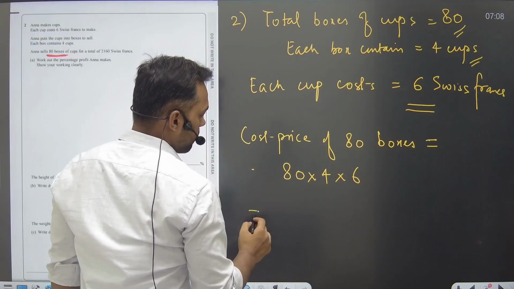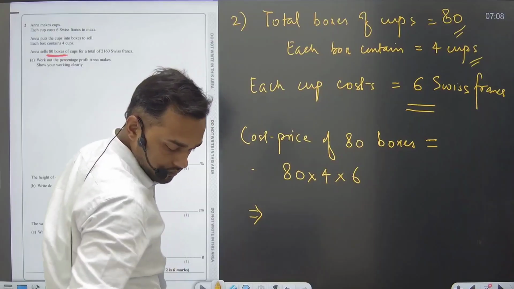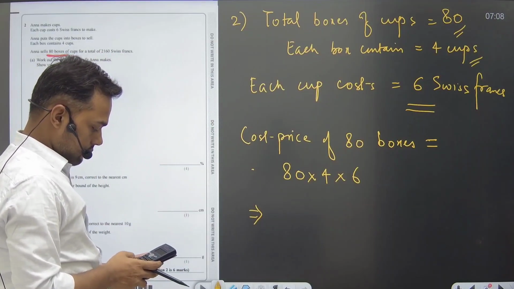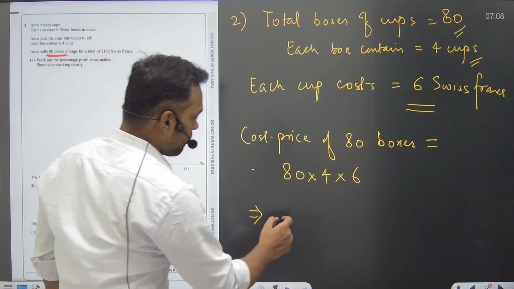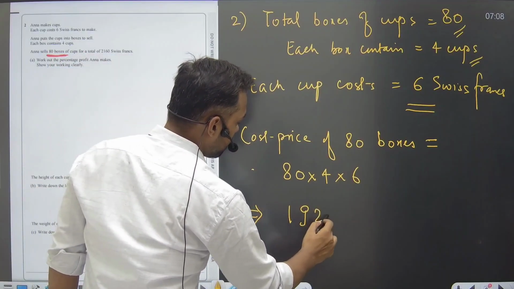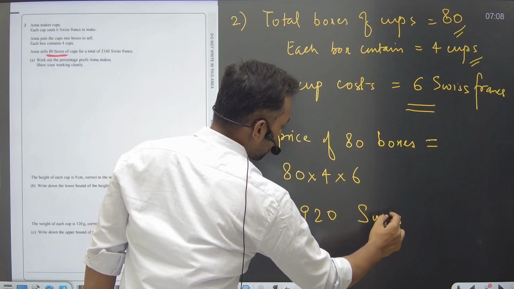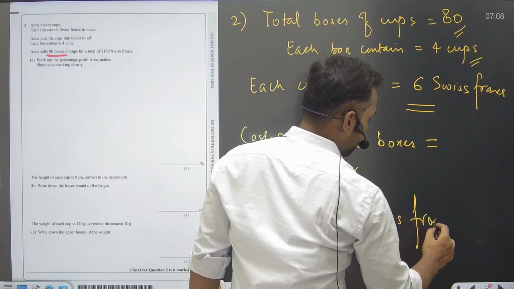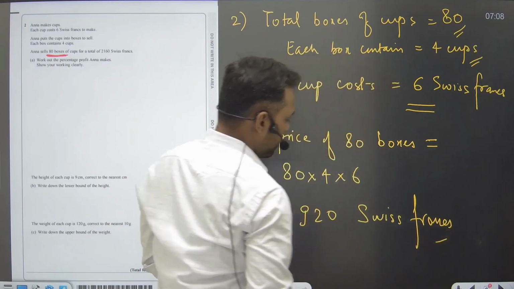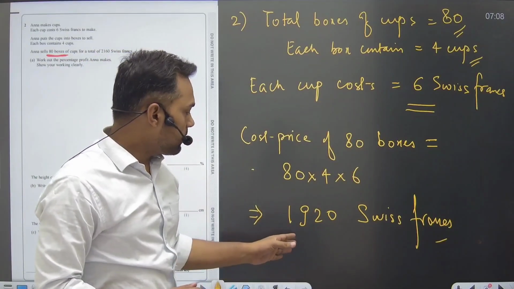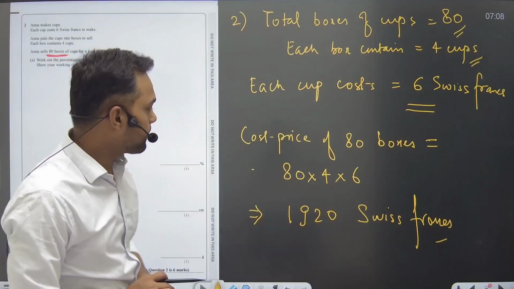Okay, so that is equal to 1920 Swiss francs. So this is the cost price of 80 boxes, that is 1920 Swiss francs.